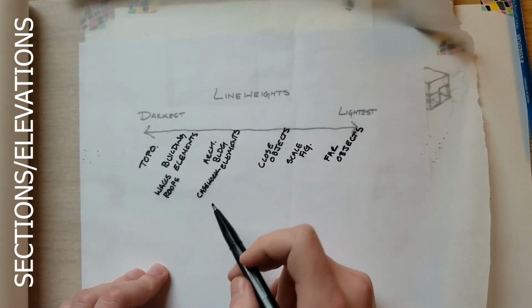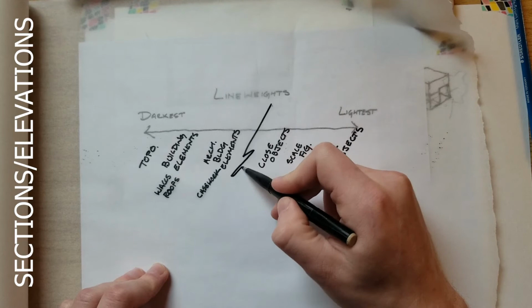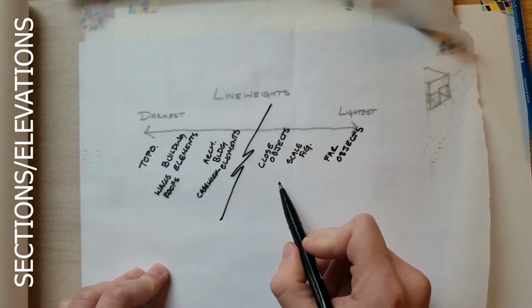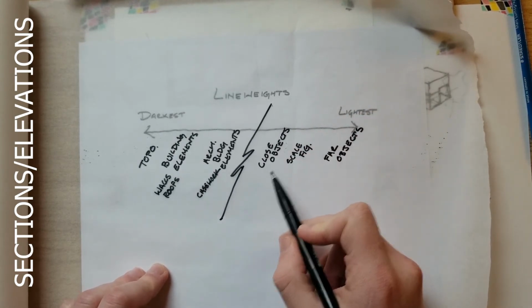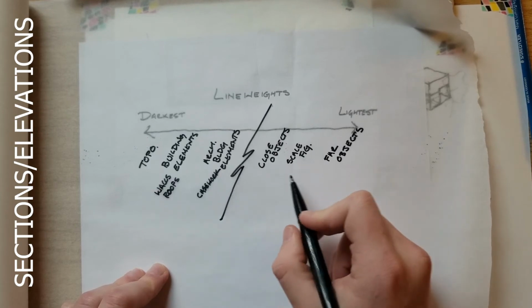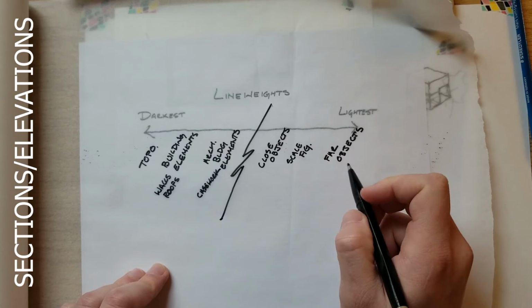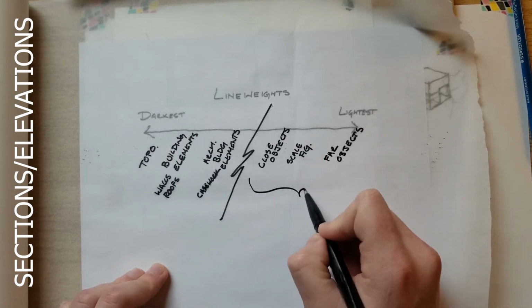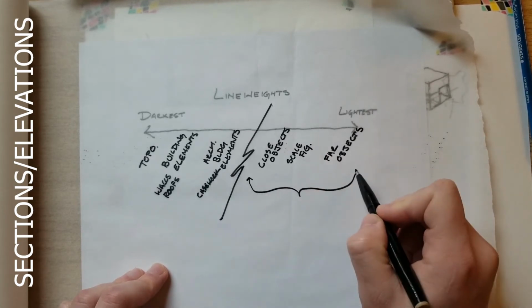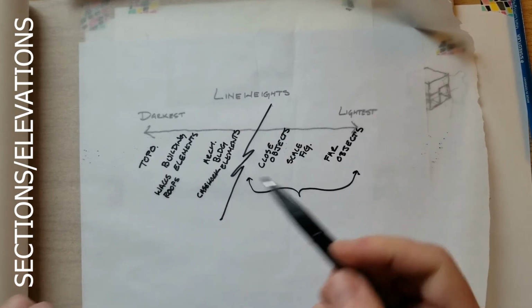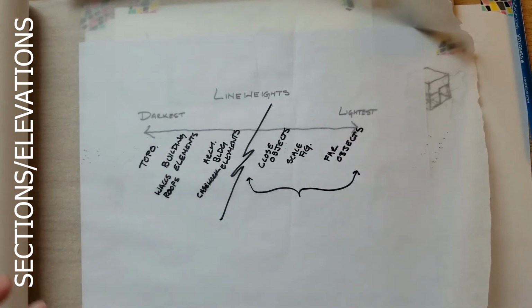Once you stop cutting through stuff, your closer objects are still going to have a medium line weight, with your scale figures a little lighter than that, and the farthest objects are going to be the lightest. This part is where a lot of drawings could use some help. So if you can begin to understand those sorts of elements, you're going to do just great.